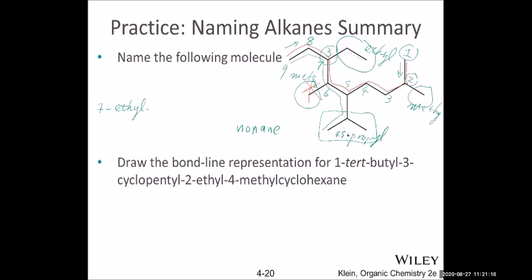In this case, iso is part of the name, so isopropyl should go before methyl. Isopropyl is on position 5, so position 5, we add isopropyl.